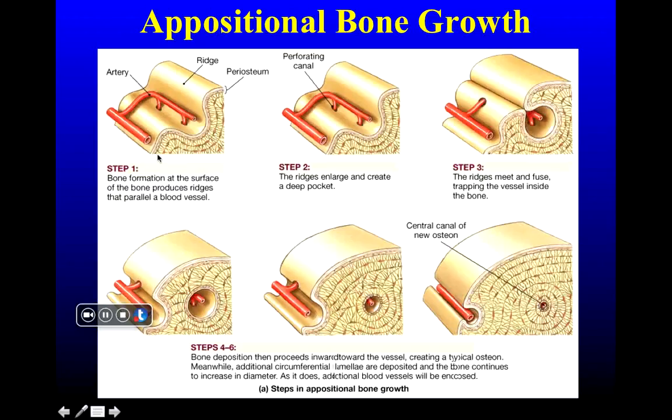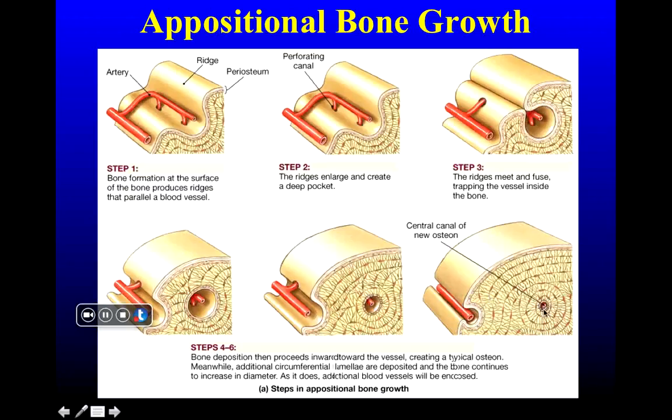Now I want you to notice something. The periosteum is laying down bone into these lamellae, as we talked about before. How is it going to do it? Well, here's a nice artery. You'll notice the steps. Look what it's doing. It's laying it around that artery so it traps it. What do you think this is going to become? This is going to become the central canal. And then the lamellae are going to be laid around it.